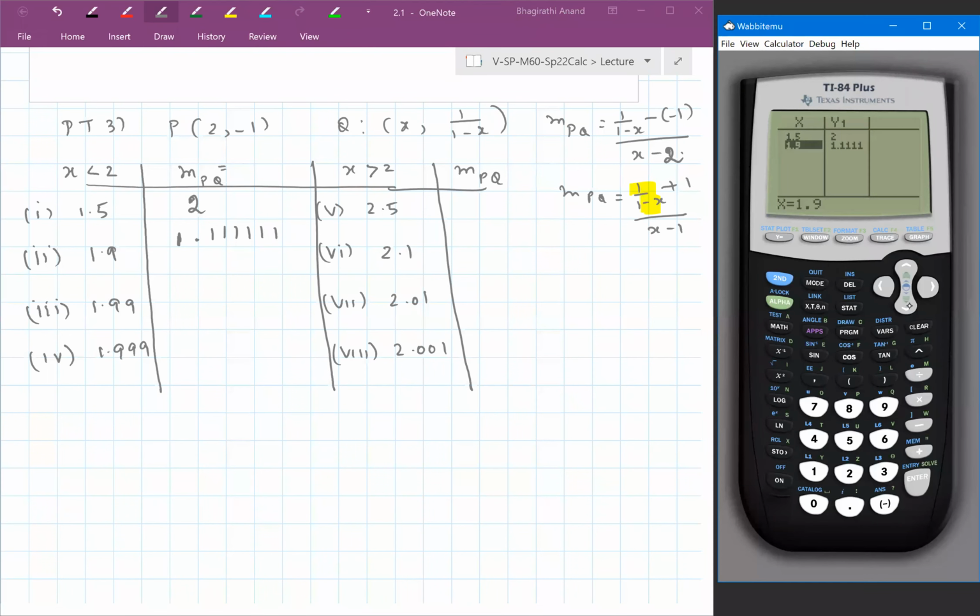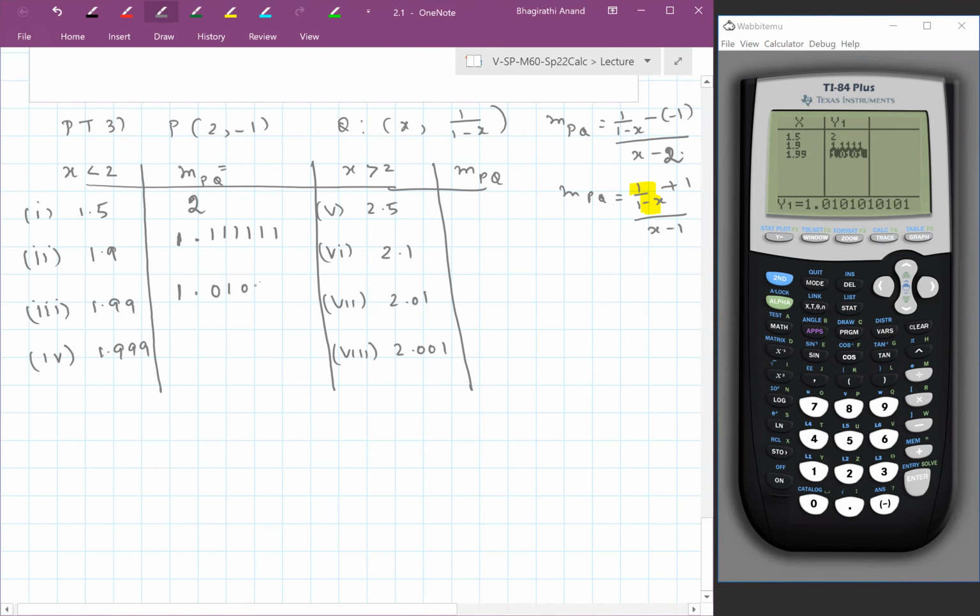So input that, 1.99, hit enter, that gives me this value, but you can go right there and see how many decimal points we need. We need 6 decimal points. So it's 1.010101. So I have a set of values to the left of 2, and I have a set of values to the right of 2, as shown in the problem.